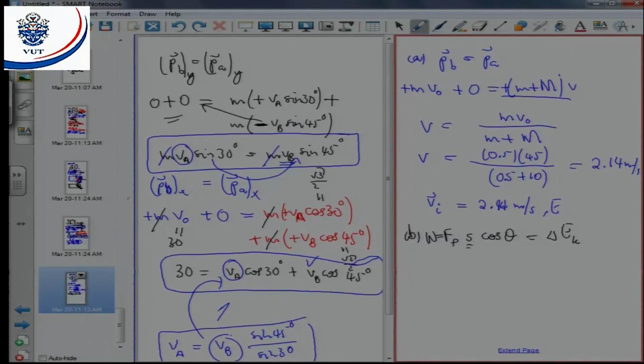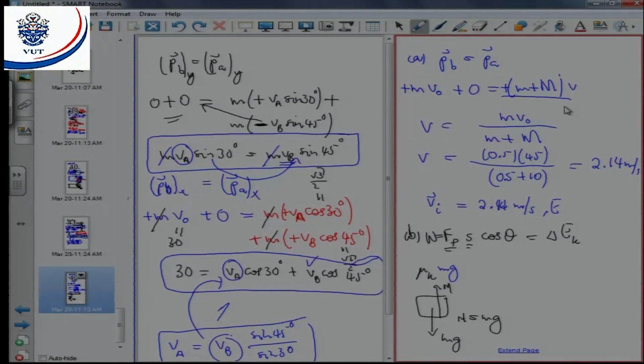So from this side, frictional force is just mu k n, but for the block in the y direction, it's only the weight and the normal force that are acting. So n is just mg. So I'll just rub off the m and substitute mg.